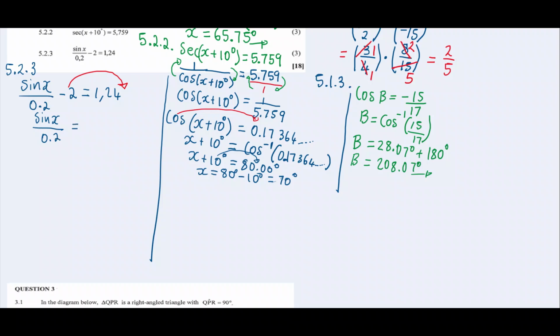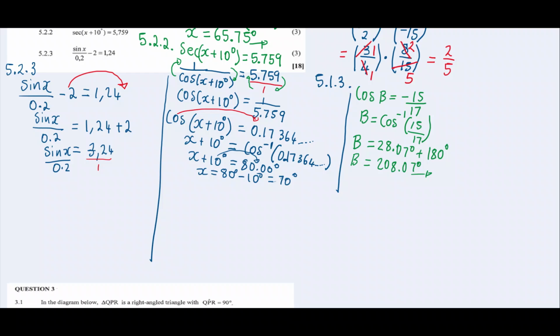Then we'll be left with sine x over 0.2, which is equal to 1.24 plus 2, and the answer is 3.24.